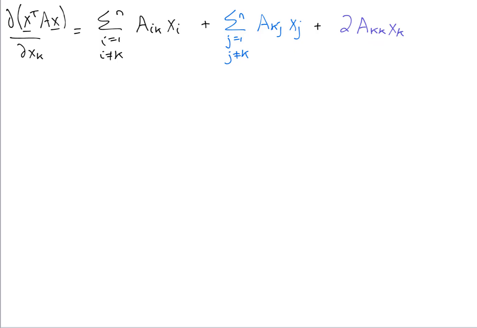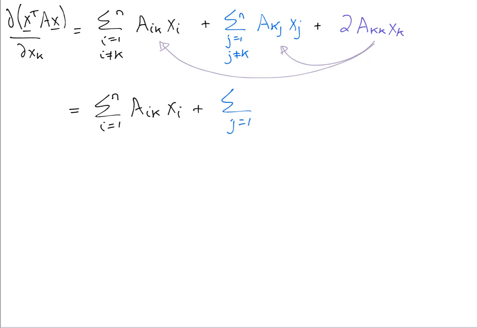So we can now take this term and split it into two separate terms, which contribute and complete these sums, so that this becomes the sum i equals 1 to n of a_ik times xi, plus the sum j equals 1 to n of a_kj times xj.